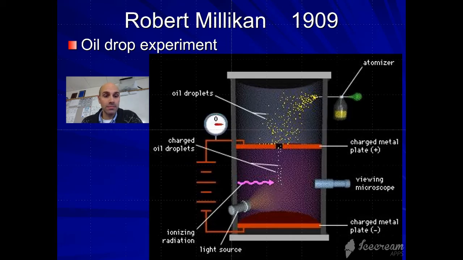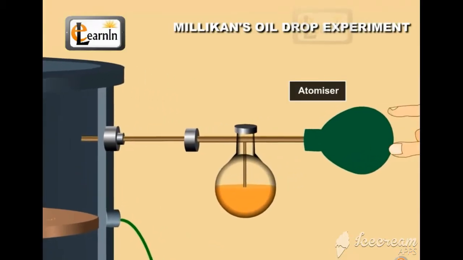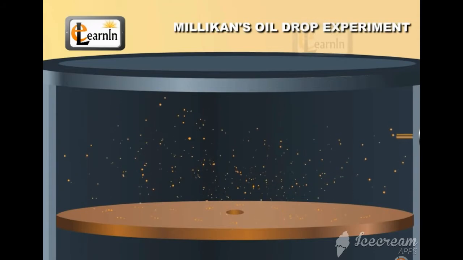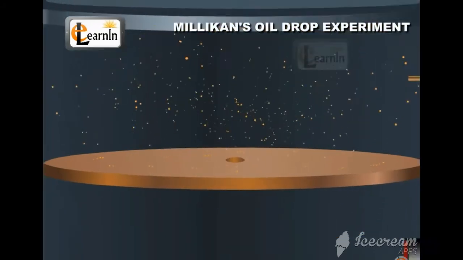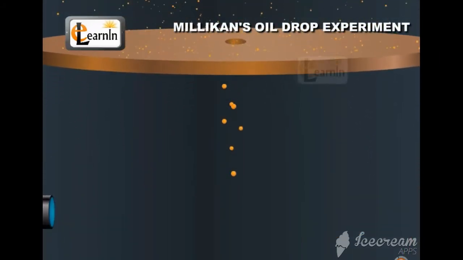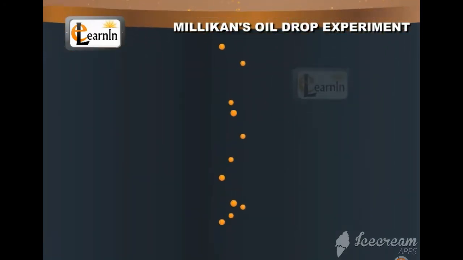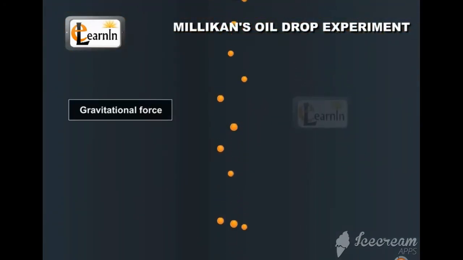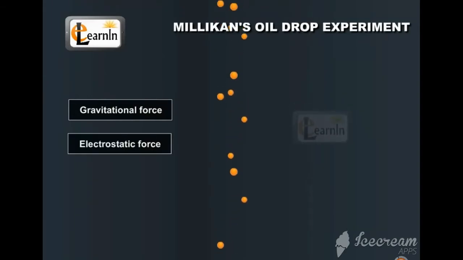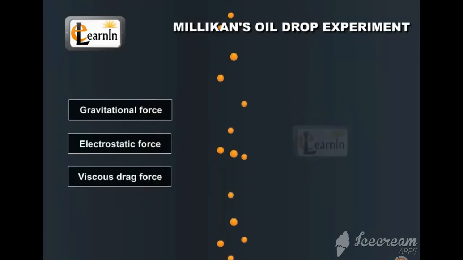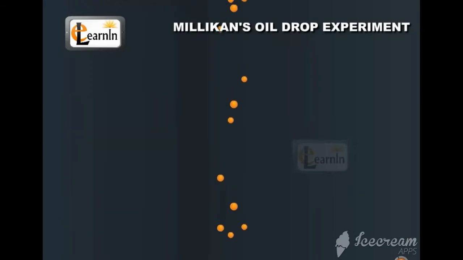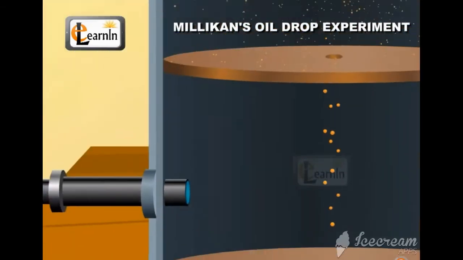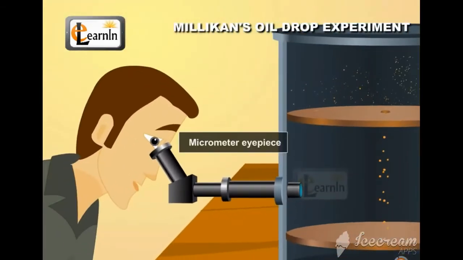Oil drop method: an atomizer produces oil droplets in the form of mist, which are sent through a plate of electrical condenser. There are different forces which act on the oil drop, including gravitational, electrostatic force due to electric field, and viscous drag force. The rate at which these drops fall was measured by observing them through a micrometer eyepiece of a telescope.